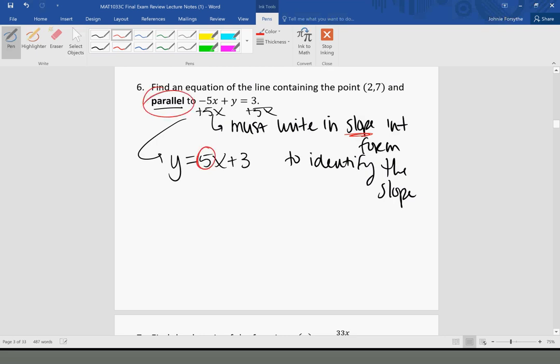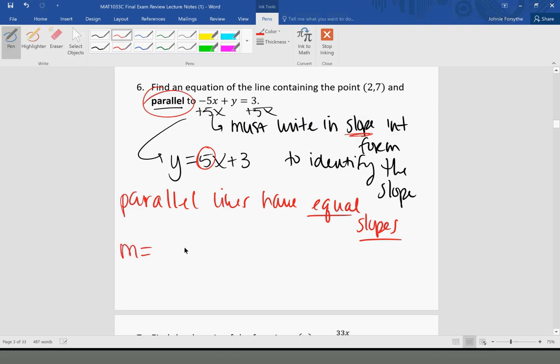Now if it's parallel, lines have equal slopes. So that means the slope that we would want to use would also be 5.